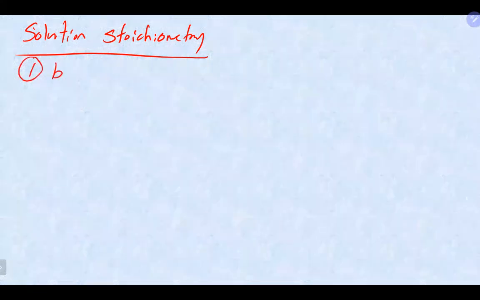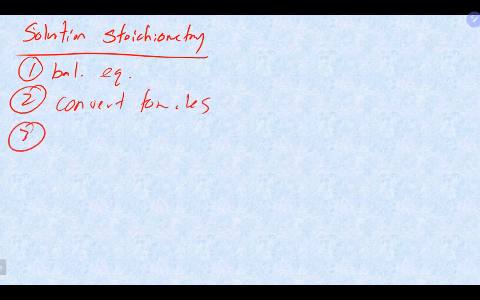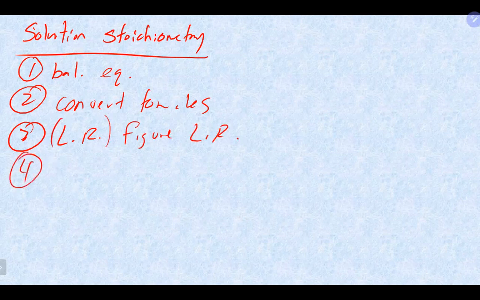Once again, we want to make sure we have a balanced equation. We want to convert to moles. If it's a limiting reagent type problem, make sure you figure out the limiting reagent. We want to then do the mole to mole relationship, and finally convert the moles to some other unit.